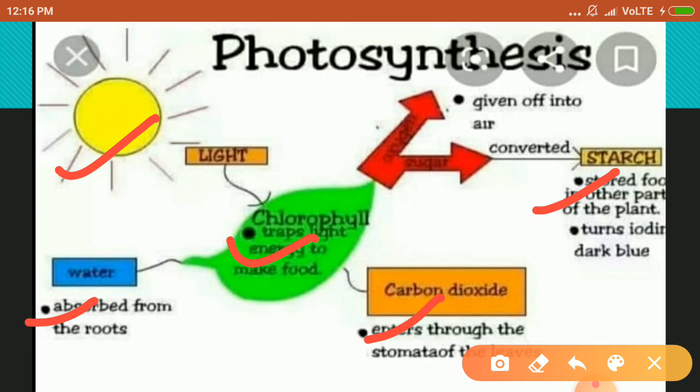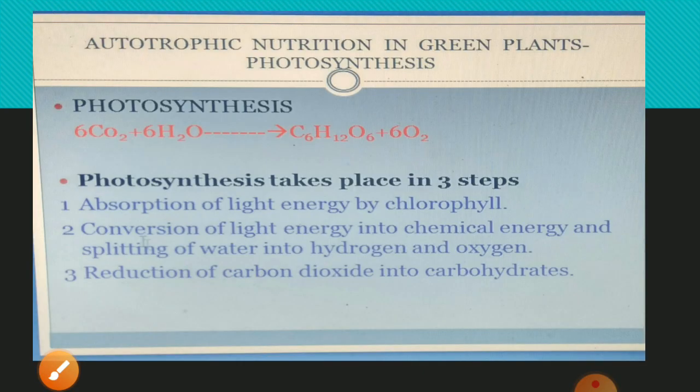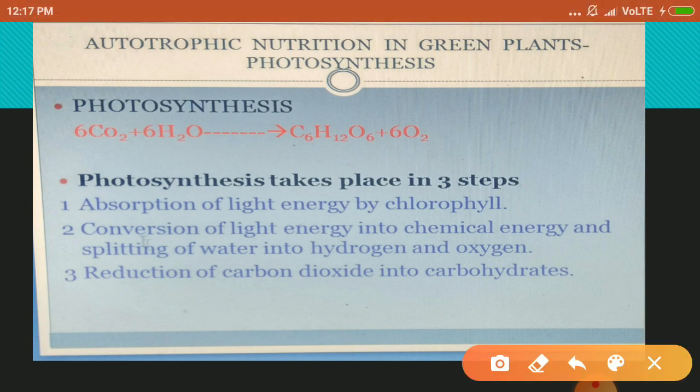So photosynthesis occurs in many steps. The important steps found in photosynthesis are shown in this slide. You can see the reaction of photosynthesis also. The main steps are absorption of light energy by chlorophyll, then conversion of light energy to chemical energy, and splitting of the water molecule into hydrogen and oxygen.